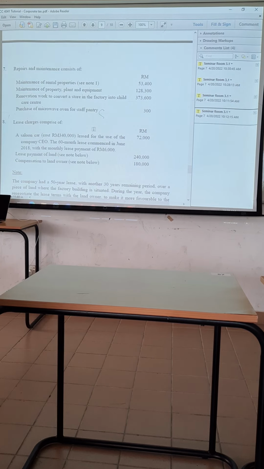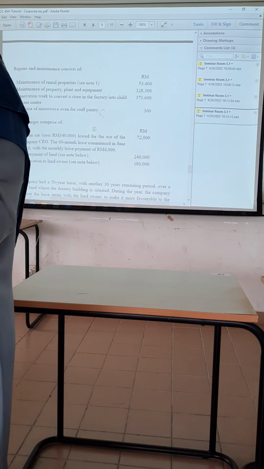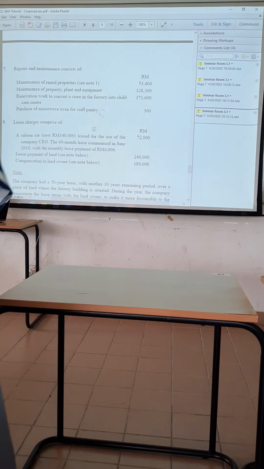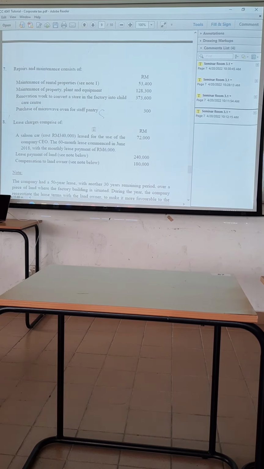Is it 10 and 3 or 10 and 3? So claim. On that amount 373,600, 10% IA, 3% AA under industrial building. So even though it's an open book, how are you going to know what the treatment is for that? It's not direct, even though you can open your book, but if you do not know how to apply the knowledge, it's difficult.